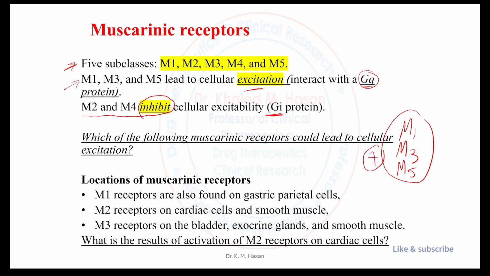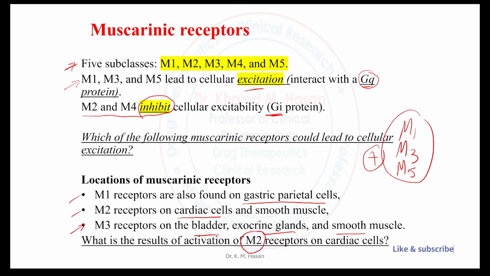Okay, mainly we can find M1 in the gastric parietal cells. We can find M2 mainly in the heart and some smooth muscles. M3 is widely distributed in the bladder, exocrine glands, and smooth muscles. What is the result of activation of M2 receptor in the heart?